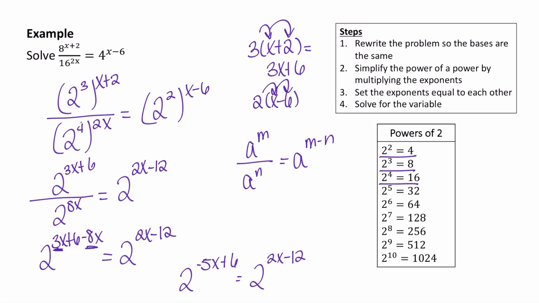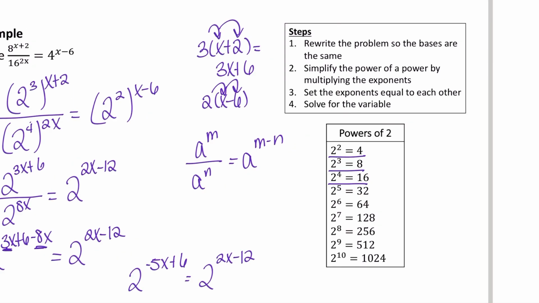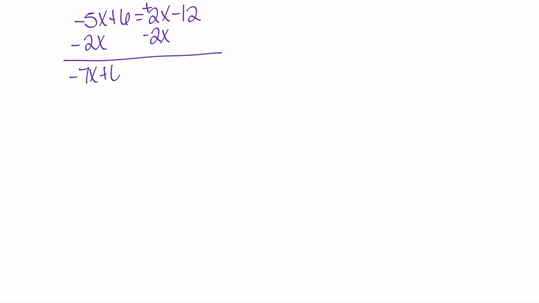So now I have the same base but different exponents, so I can set those exponents equal to each other. So I have negative 5x plus 6 equals 2x minus 12. Okay, so now to solve this equation, I'm going to do the opposite of 2x, and I'm going to subtract 2x from both sides. So when I do that, I get negative 7x plus 6 equals negative 12.